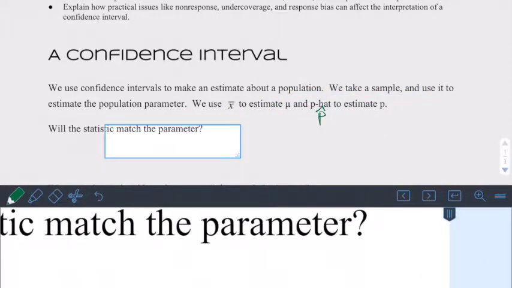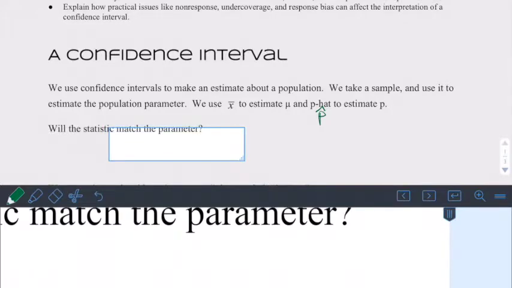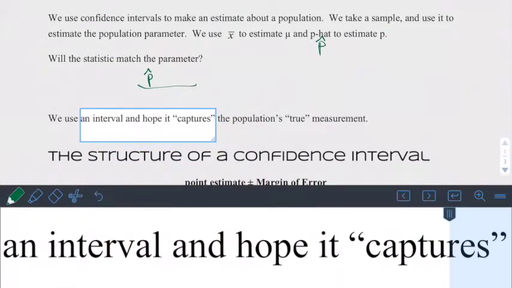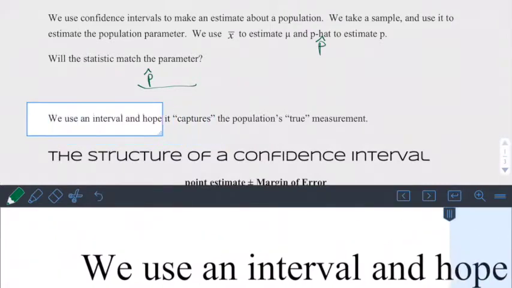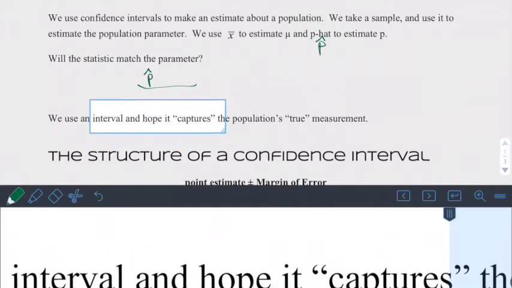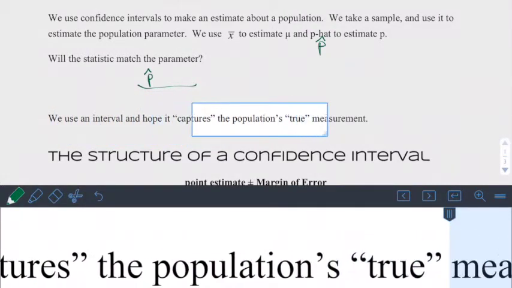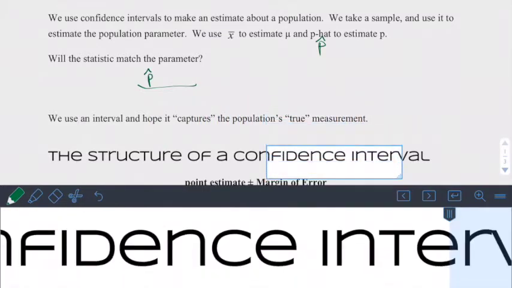Well, remember from sampling variability and when we do our sampling distributions, no. Most of the time, our p hat could be above, below. Maybe it will match the parameter, but it's rare. But it should be close. So we use an interval and hope the interval captures the population's true measurement.